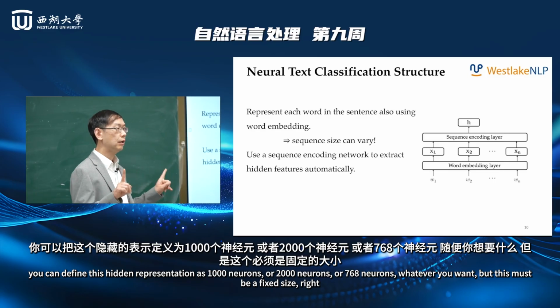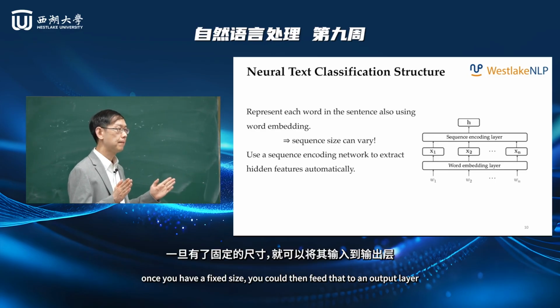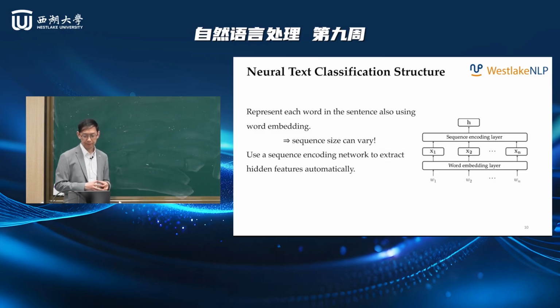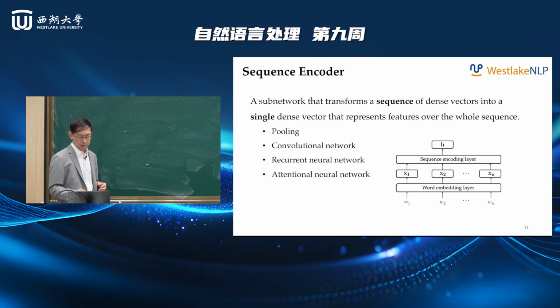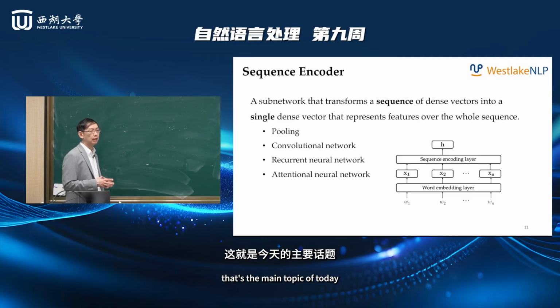But this must be a fixed size. So once you have a fixed size, you could then feed that to an output layer. We call this a sequence encoding layer or sequence encoder. That's the main topic of today.